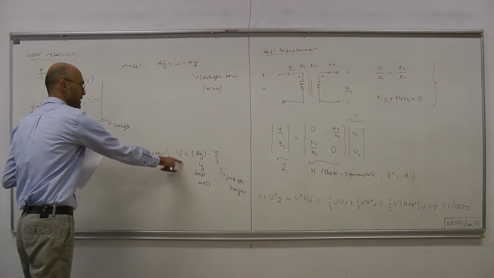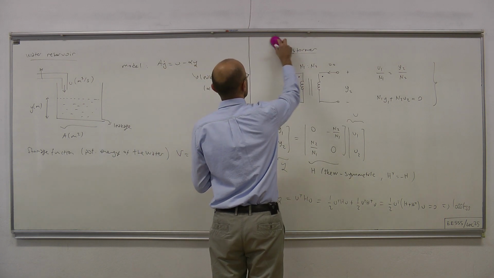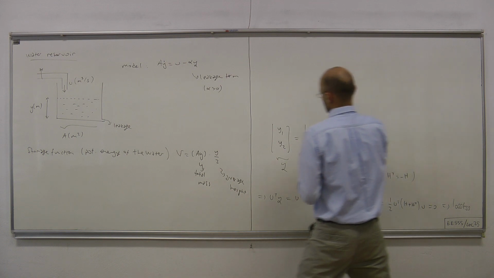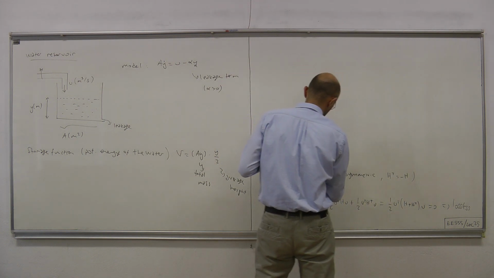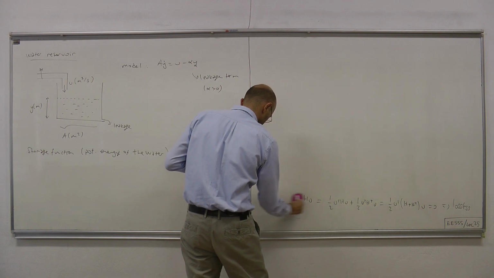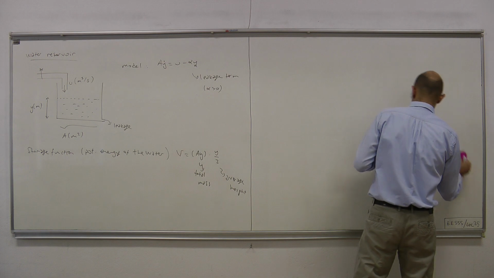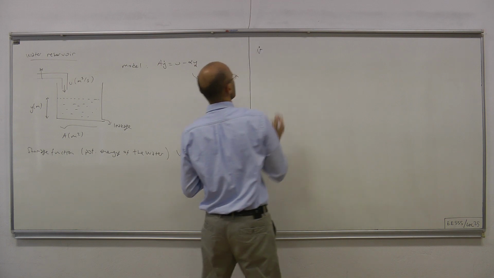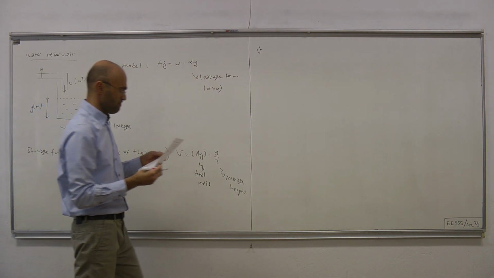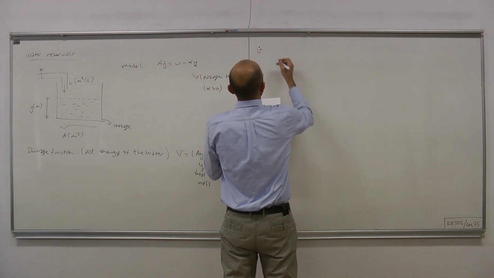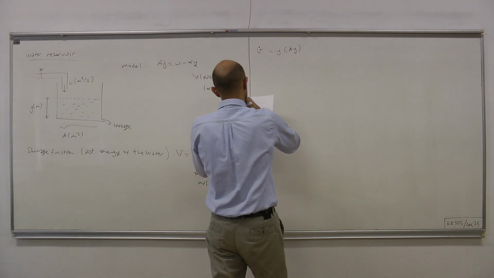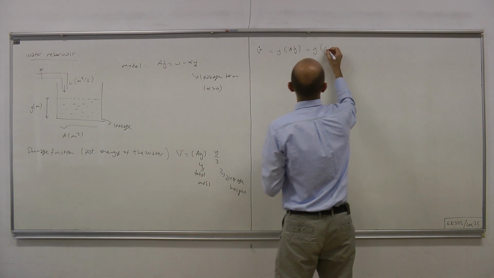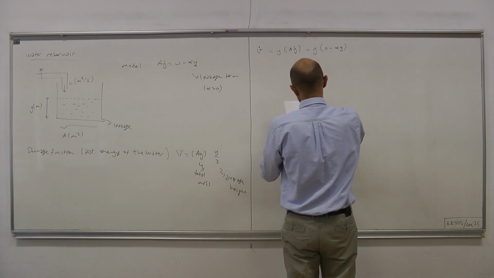And now let's, using that storage function, figure out the passivity properties of this water system. What's beta? Beta is y times A y dot, that's y times (u minus alpha y).